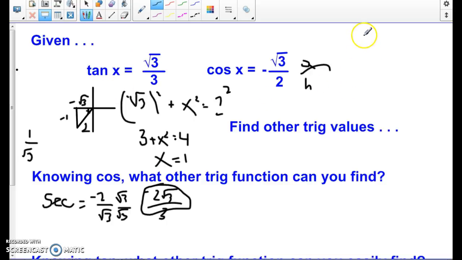So now I can easily find my sine value. So my sine value is going to be opposite over hypotenuse, which is negative 1 over 2. So my cosecant value is going to be the reciprocal of that, which would just be negative 2. So that is your first introduction on how to find all the other trig values.